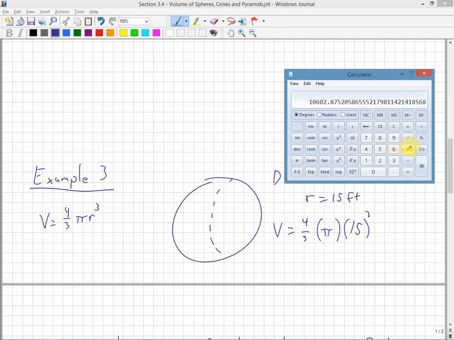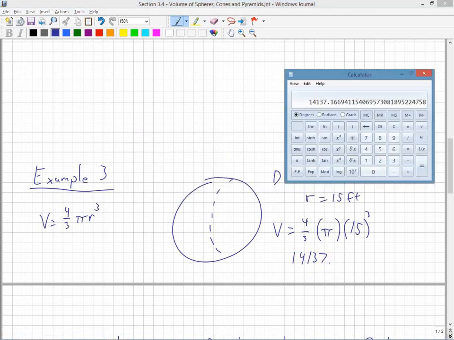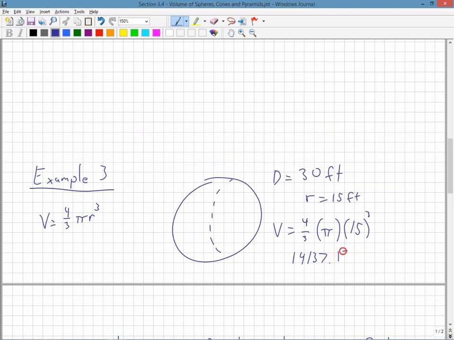So when you're doing it in a calculator, it's a good idea to use brackets around the fraction 4/3. And then my final answer is 14,137.17. Again, we'll round to 2 decimal places when we can. So 14,137.17, and that's going to be in feet cubed.